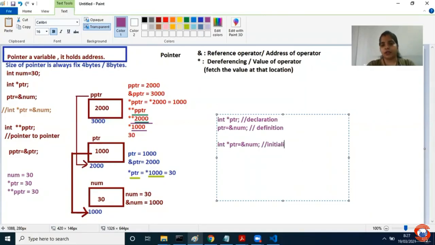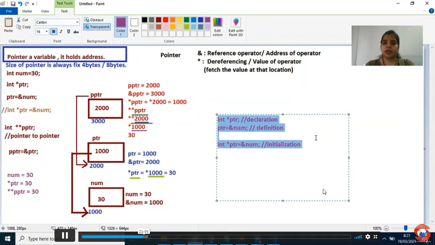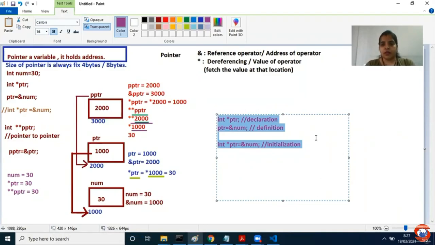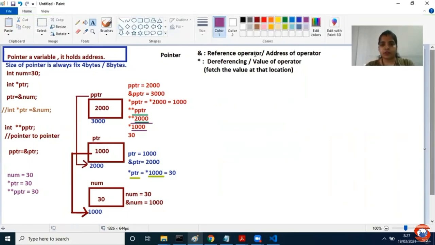This is nothing but initialization. समझ में आया? Have you understood? Yes, Kalpesh. All right. Any questions so far? So this concept is called the pointer concept.